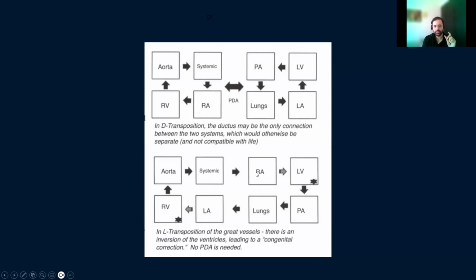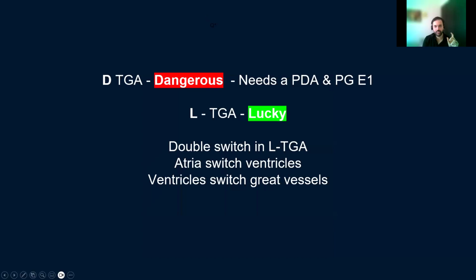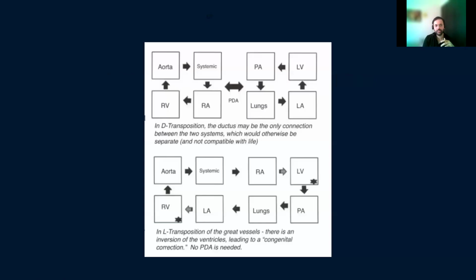Now, I mentioned that the LTGA is lucky to be alive. What happens in an LTGA, how I remember it, is like a double switch, which is basically that the atria switch ventricles and the ventricles switch the great vessels. So ultimately blood ends up being in the right place.